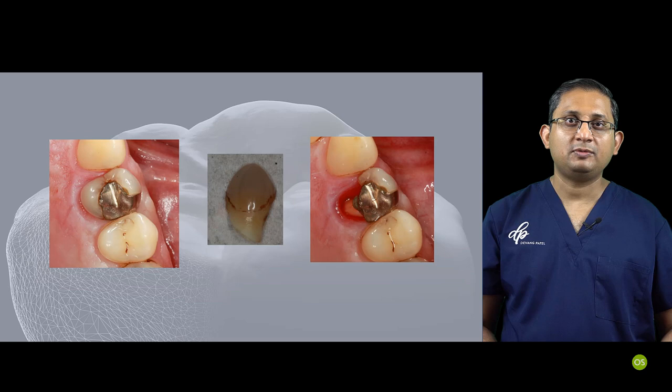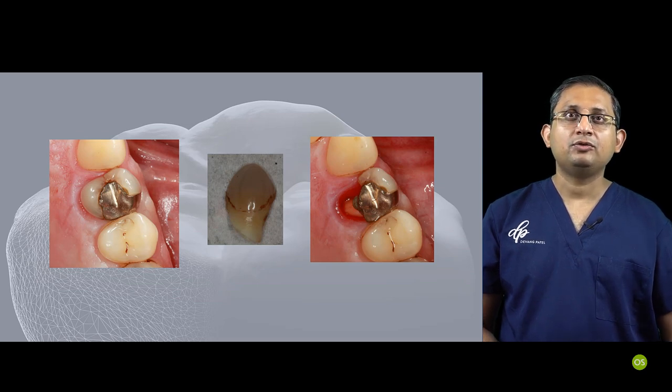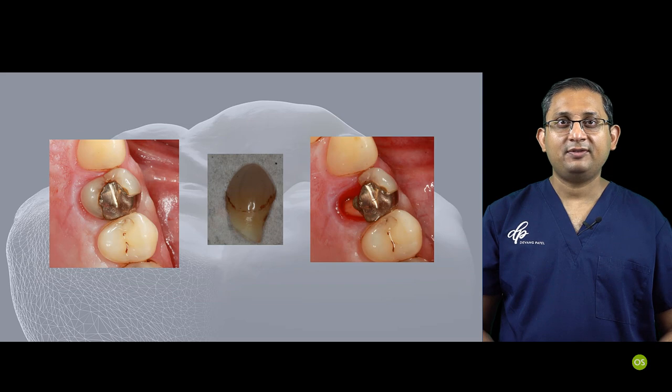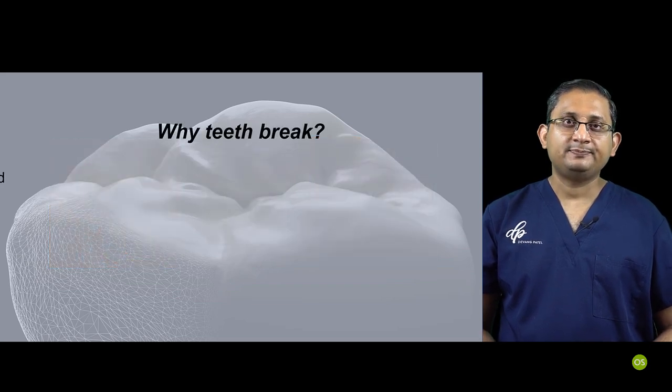Yes, you can possibly do crown lengthening and try to save the tooth. However, it will always have a very guarded prognosis, if you at all manage to save it. And in my opinion, I could have predictably saved this tooth. So let's look at why teeth break.